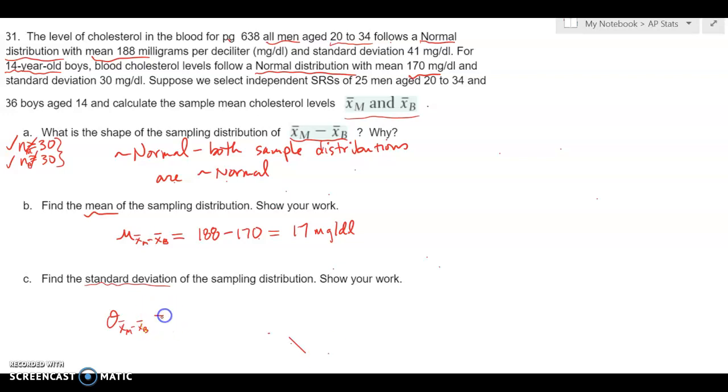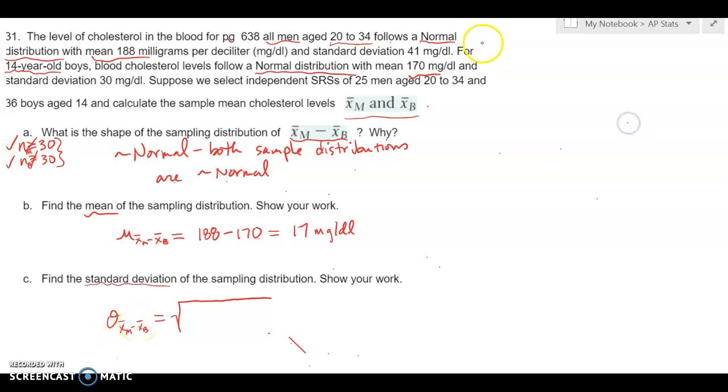It's a mouthful for you. The way that I find this is I always add the variances. I add the variances when I'm combining different distributions, whether I'm adding or subtracting different distributions. So, square root, because it's the standard deviation, and I want the variance of my first distribution, which is the males.